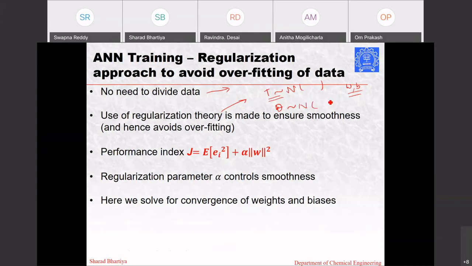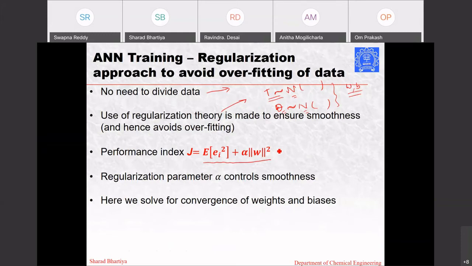Okay. And you are free to choose the distribution. See, we looked at many different types of densities. It turns out that if you use your targets to be normal, then your likelihood is the square of the error. And it turns out that if you assume that your weights and biases also have a normal distribution, then in this Bayesian approach, the performance index is this.